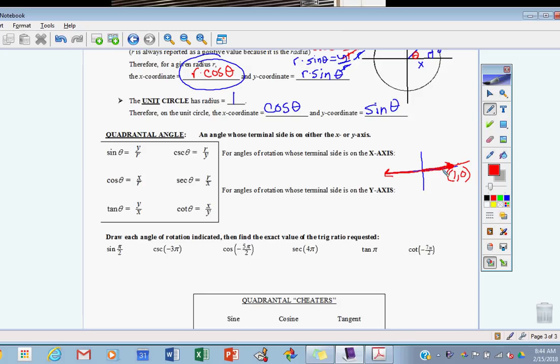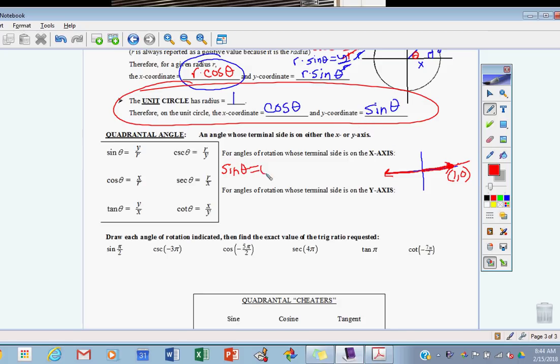All right, well, what is sine and cosine and tangent of this angle? According to this, we're supposed to use opposite over hypotenuse, or y over r. But according to what we just learned right here, this is called a quadrantal. So if I understand this, I know that sine theta is literally going to be equal to whatever the y coordinate is.